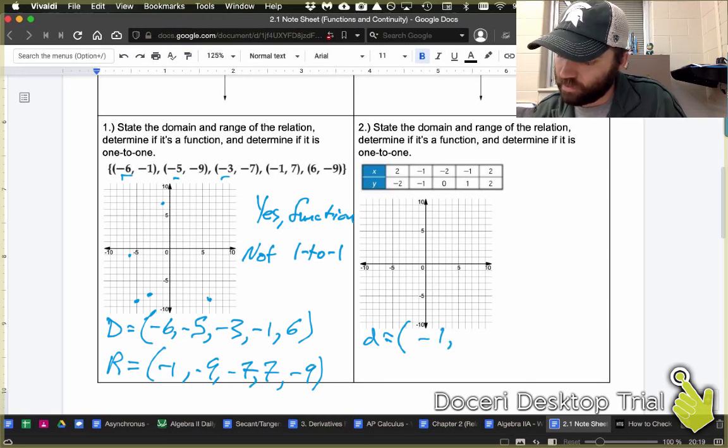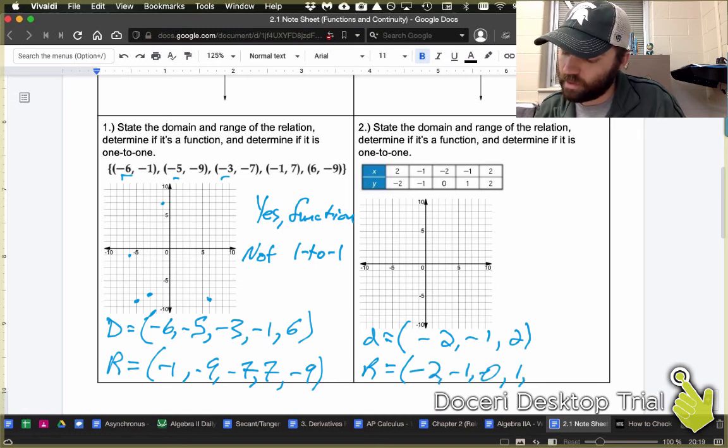So we've got -2, -1, and 2. Okay, I'm not going to be super picky about that, but probably should do it that way. Okay, so then the range is going to be all the y values. The y values go from -2 to 2. So -2, -1, 0, 1, and 2.